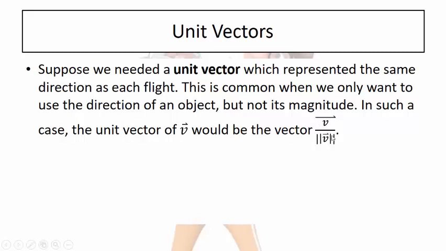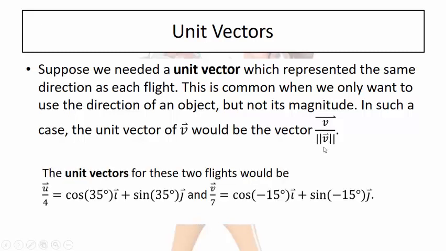And all we're doing here is, if you want a vector that just has magnitude of 1, then you simply take that vector and you divide by its magnitude. So for the two vectors we were just focusing on, the magnitude of u is 4. U over 4 would give you this vector in component form.